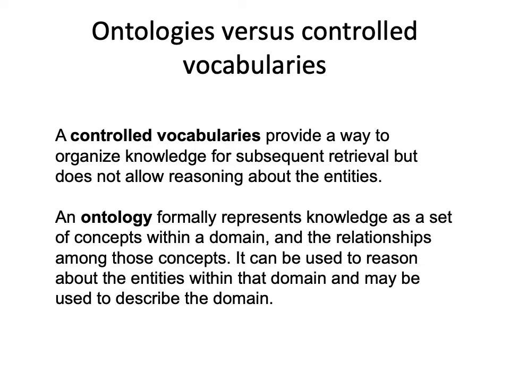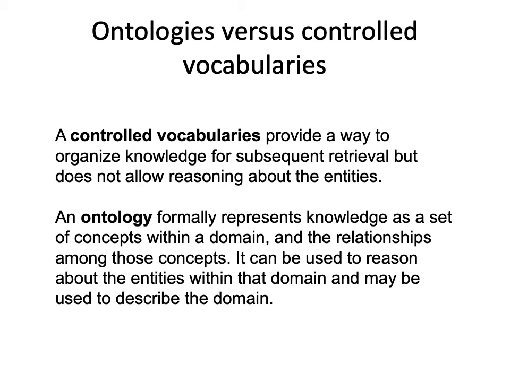The idea of an ontology is that ontologies are kind of like controlled vocabularies on steroids. Ontologies allow you to describe relationships between concepts. One thing that a controlled vocabulary cannot do is encode the fact that the S phase is one part of a cell cycle.